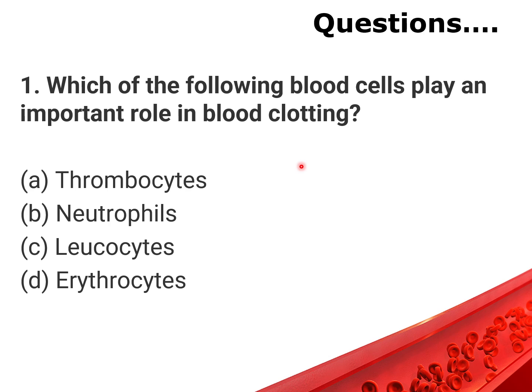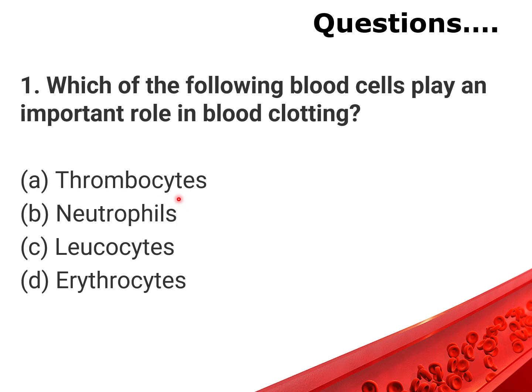Okay, now let's see a few questions, because we have now understood the blood, its composition, its origin, development and maturation. So here are a few questions that I want you to answer in the comments.